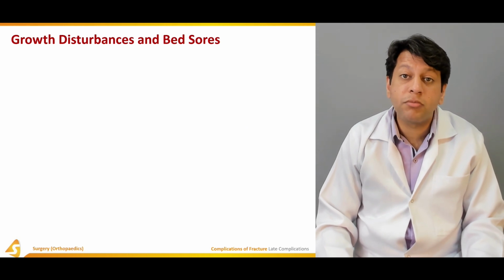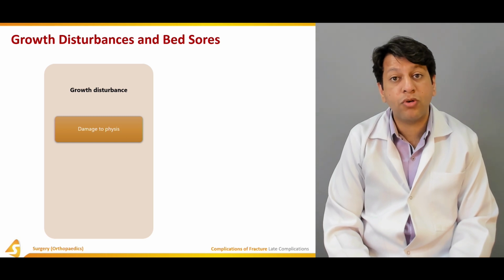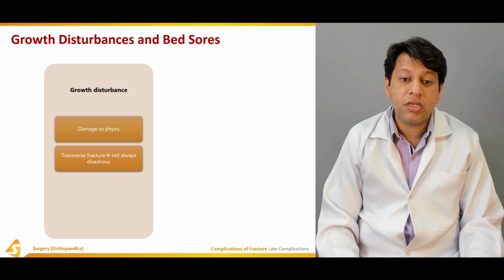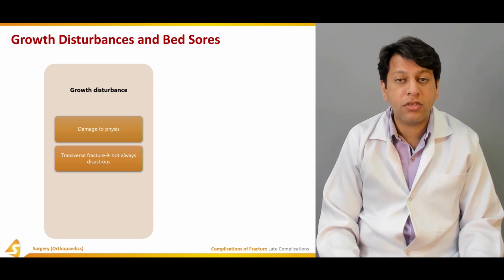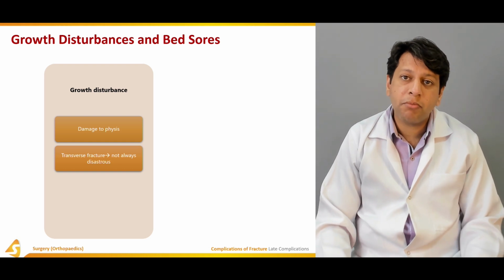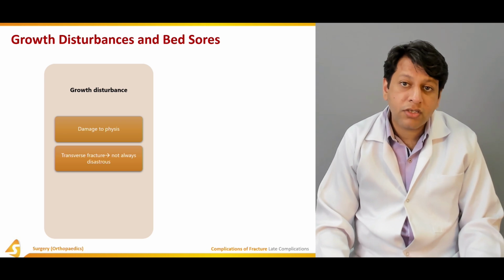Coming to the growth disturbances and bed sores, growth disturbances could be due to the damage to the physis, which could be at the time of injury. It could be due to Salter-Harris type injury or transverse fracture, not always disastrous because they affect the growth throughout. But sometimes what happens is this crush injury that is called Salter-Harris type 5 injury.